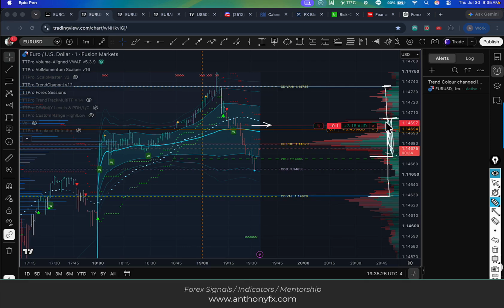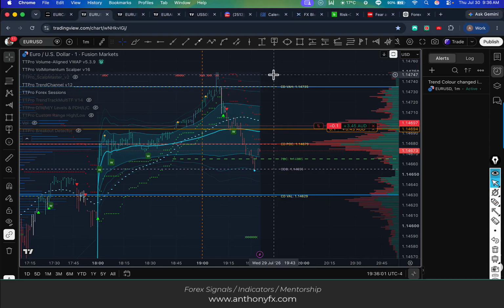You've also got the VWAP, the high and the low of the VWAP, right? So you've got this VWAP fair value range as well, and you'll find that price can work its way between the high and the low. It pushes up here, then breaks back into fair value through the VWAP. See that? I hope you understand what I'm saying.